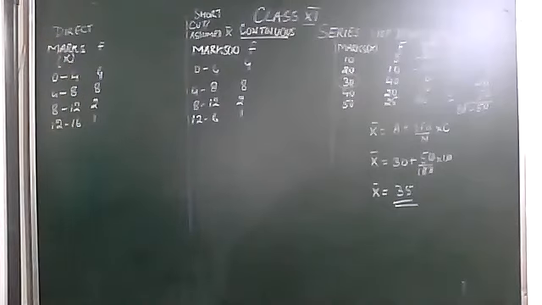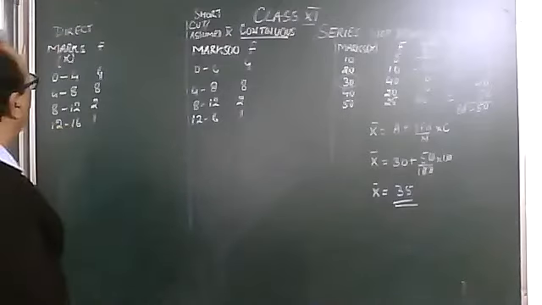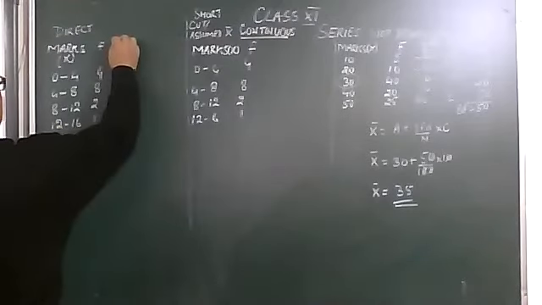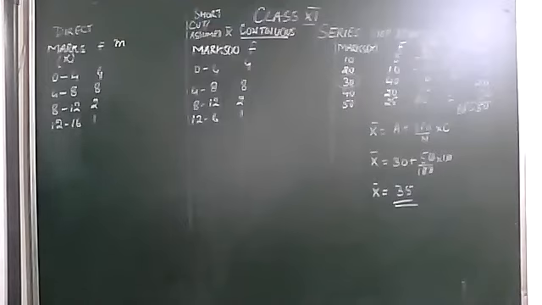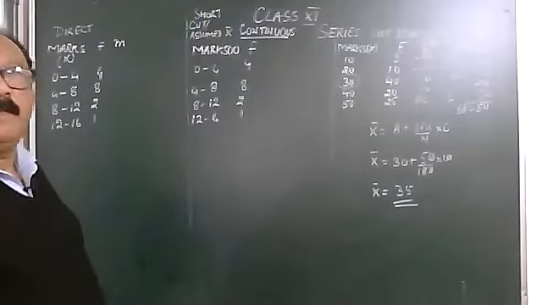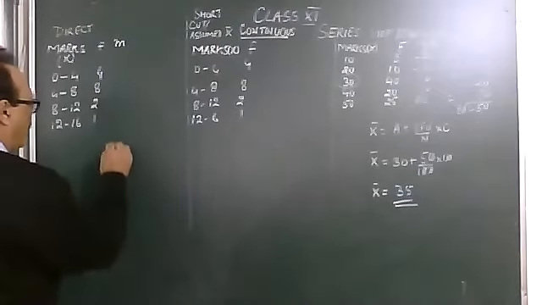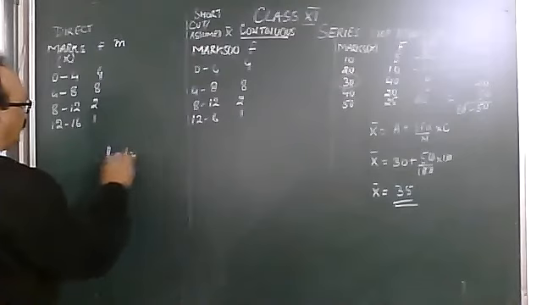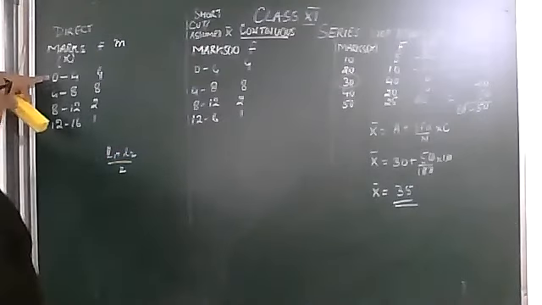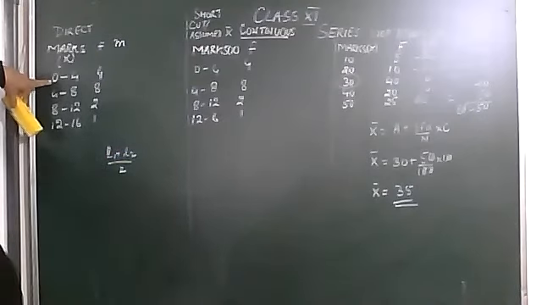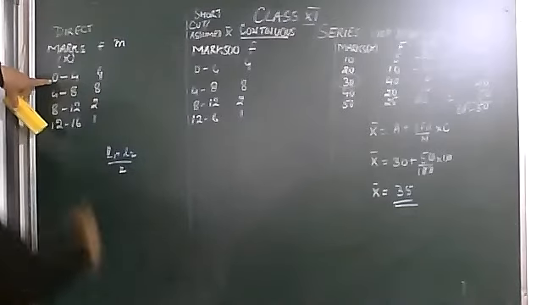Now the first thing that we do with the class, we take out their midpoints. Now how do you find the midpoints? Midpoint is simple as L1 plus L2 upon 2, where L1 stands for the lower limit of the class, L2 stands for the upper limit of the class.